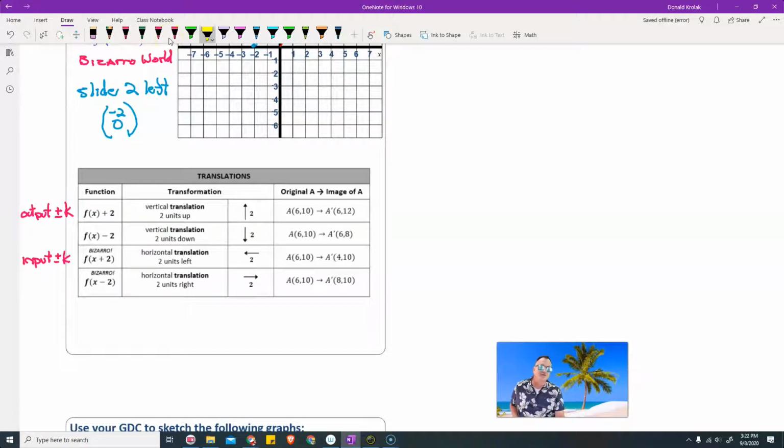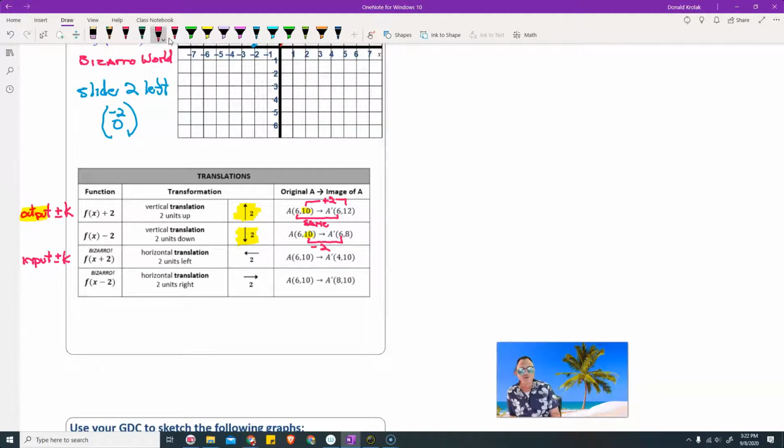When you're doing something to the output, it's going to move it up or down. And the only thing it changes is the y-coordinate. The x-coordinates are the same. And I'm going to add, in this case, 2 to the y coordinates. Here, the x's stayed the same, but I subtracted 2 from the y coordinates.